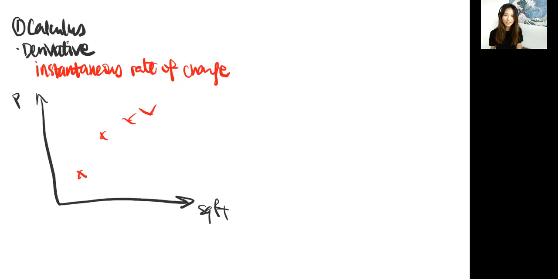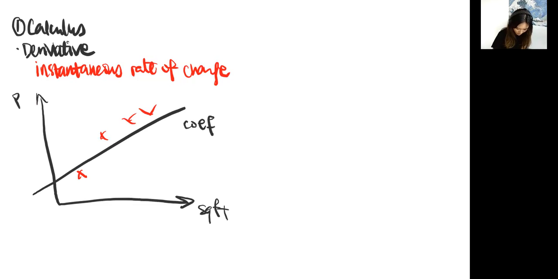Just as an example, we build our regression model and we end up with a coefficient of $20 for the square foot variable. If we remember how we are supposed to interpret our coefficients, a coefficient of 20 means that for every 1 unit increase in square footage, price should go up by 20.